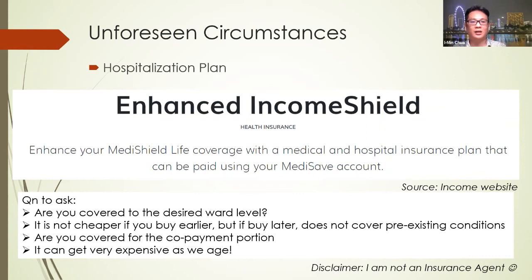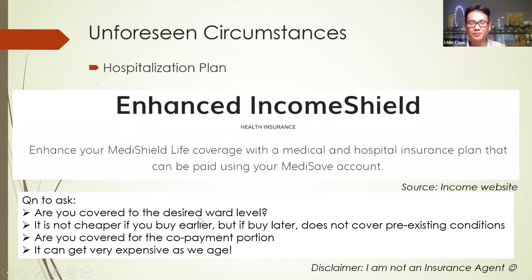For those who have it, these are some questions you may want to ask yourself. Are you covered to the desired ward level? You can cover up to B1, A ward, or private hospital. This is something that is not cheaper if you buy earlier. Hospitalization plans are not like that.